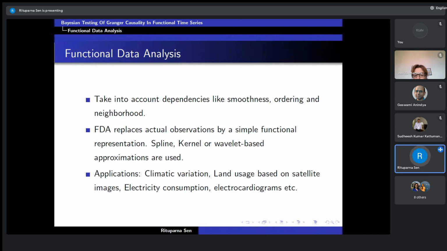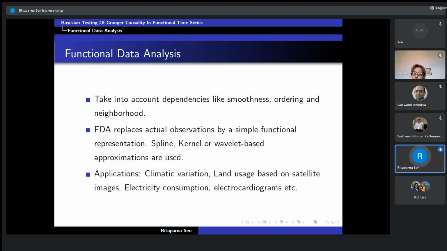And the first step that one does is, of course, you will have observations only at discrete points. Right? You will not have a whole function most of the time, unless you have some parametric form with, say, density functions and so on. So most of the time you will have observations on some discrete points in the support, and then what you do is first you smooth it with some spline or kernel or wavelet, some kind of approximation.